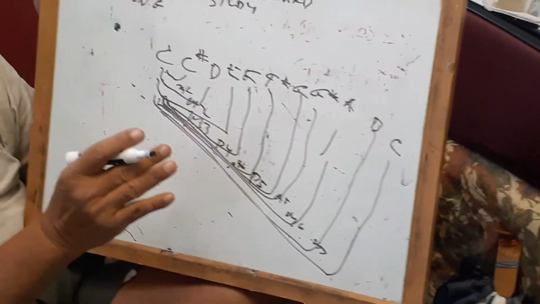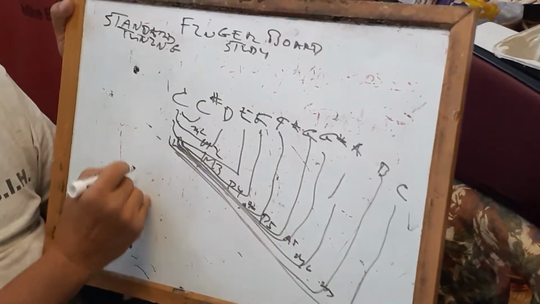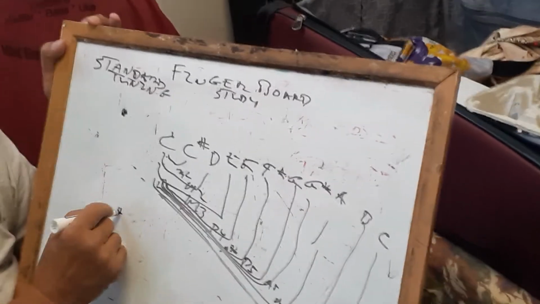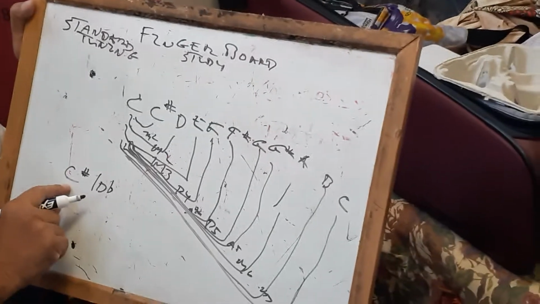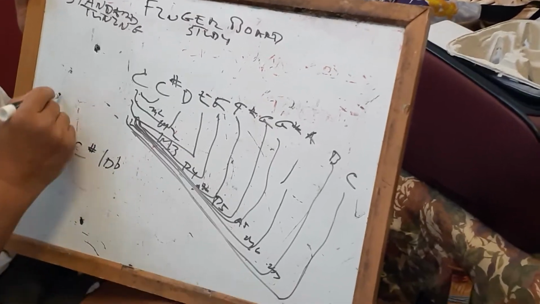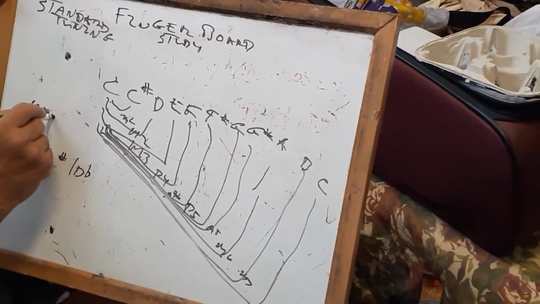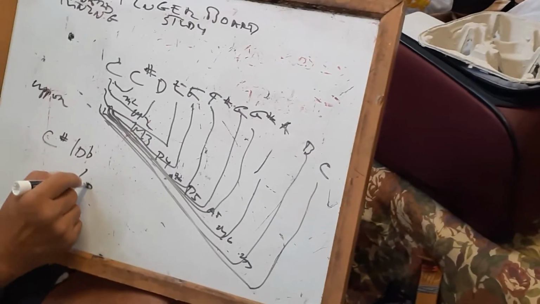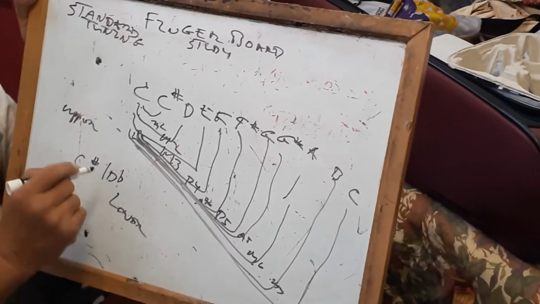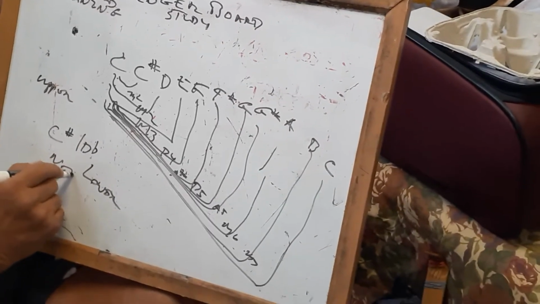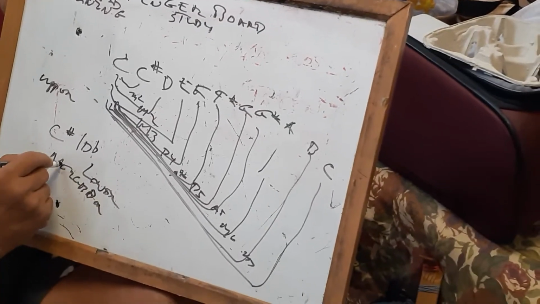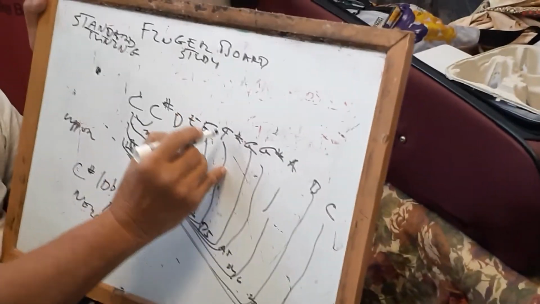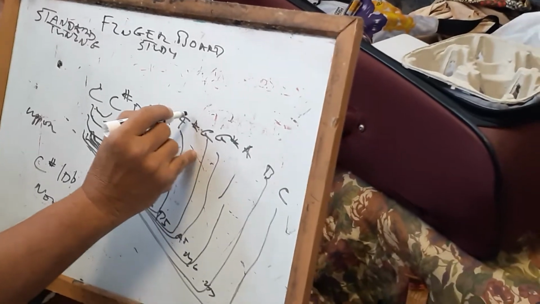This is an anomaly. Okay, C sharp. Right here, the C sharp is also a D flat. This is called an upper neighbor. This is called a lower neighbor. Neighbor, N-E-I-G-H-B-O-R. Okay? So F sharp basically is right over here.